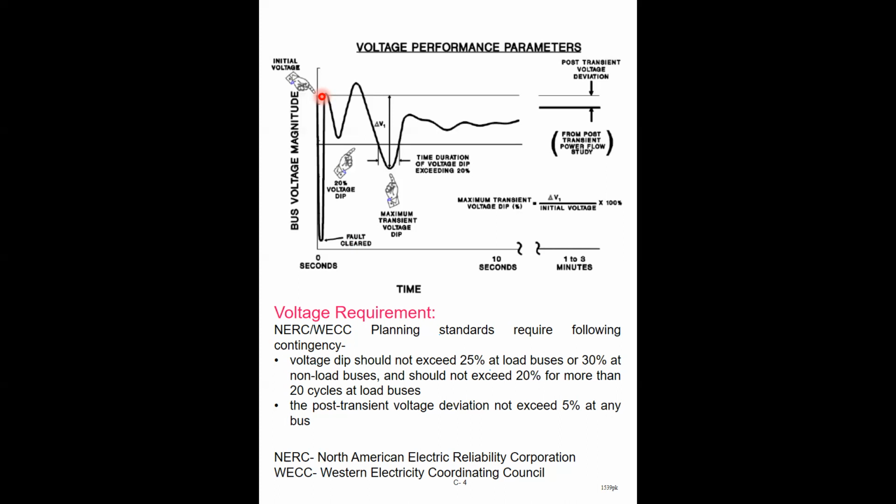Thereafter, since it is a temporary fault, the breaker will try to reclose the line. Thus you will come across a drop in the voltage, but it will not be a much larger drop here.